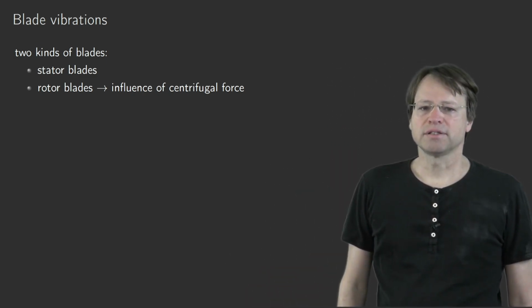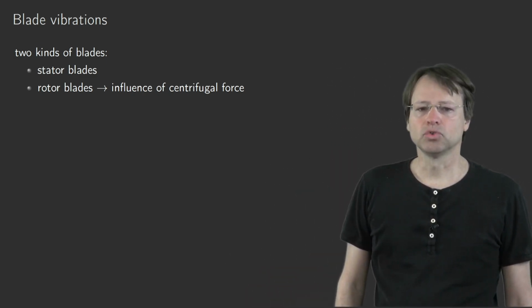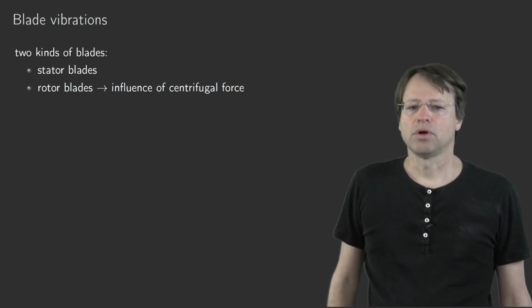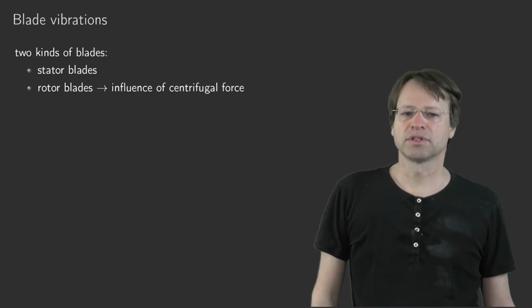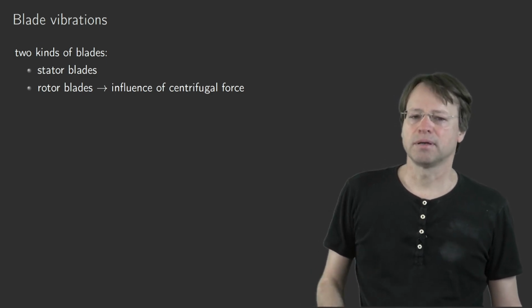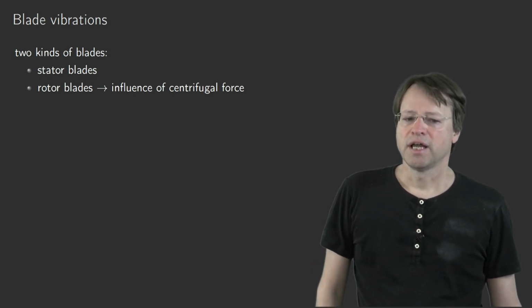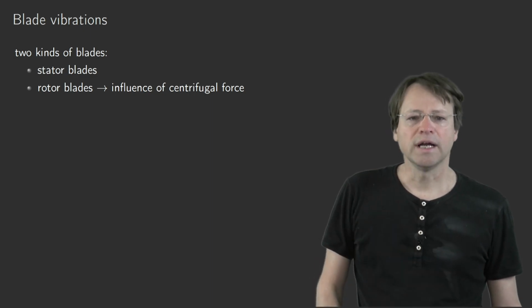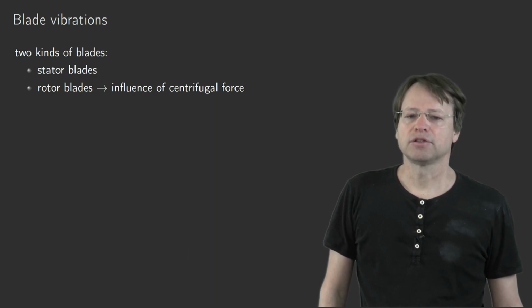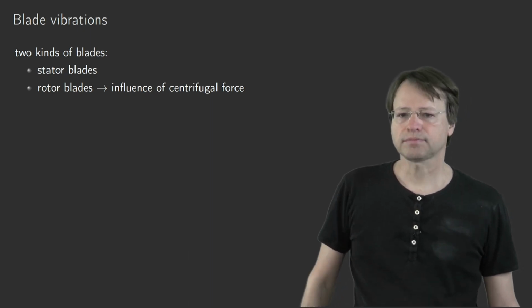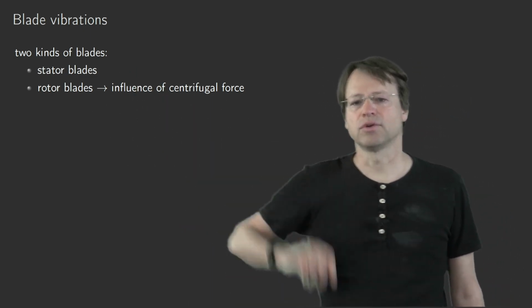Well, for the stator blades, the problem is similar to that we saw in the last two videos. Namely, we are dealing with continuum vibrations. And then the question is, what kind of continuum vibrations matter here? There are two types of loads possible for stator and for rotor blades.